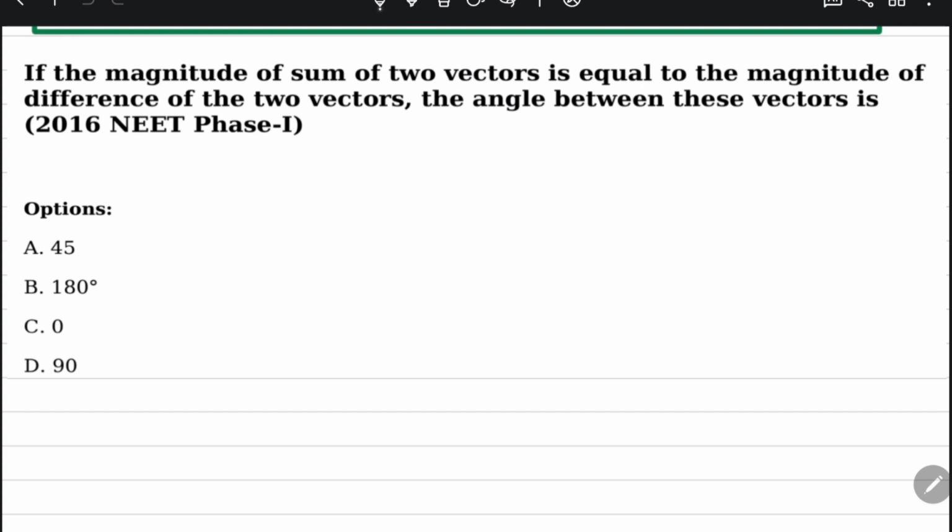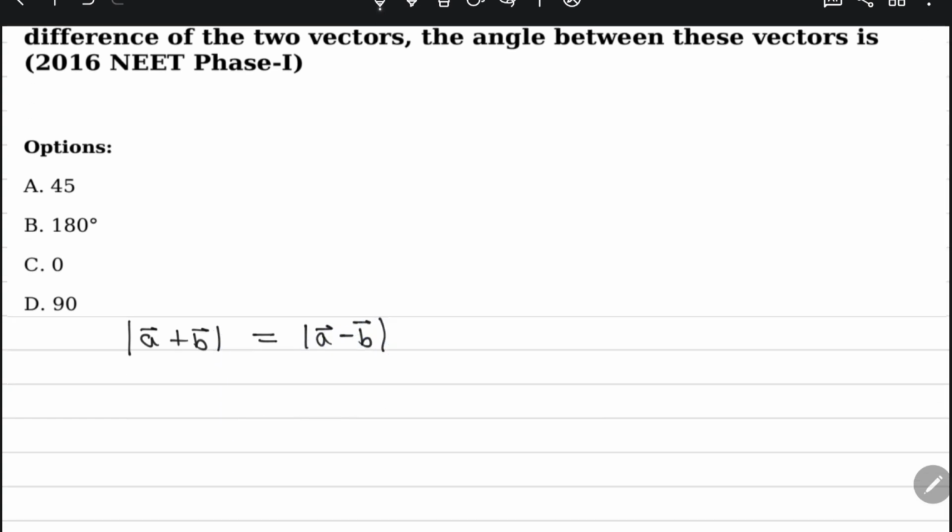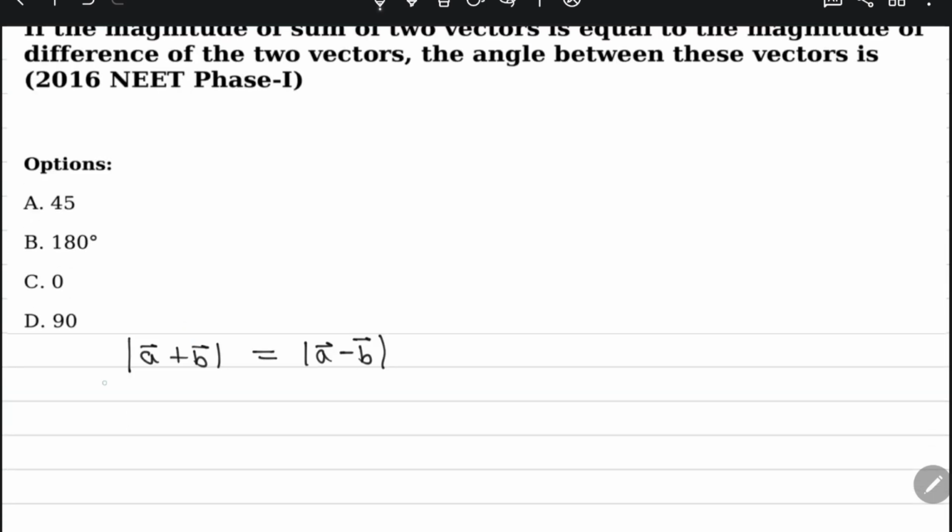Our next question: if the magnitude of the sum of two vectors is equal to the magnitude of the difference of the two vectors, then the angle between these two vectors is? So this is a basic question. They are saying that if the magnitude of A vector plus B vector is equal to the magnitude of A vector minus B vector, then the angle between them is, you know, A square plus B square plus 2AB cos theta equal to A square plus B square minus 2AB cos theta.